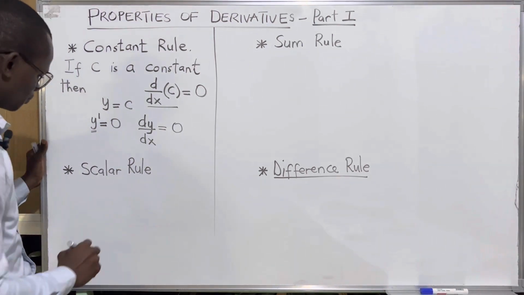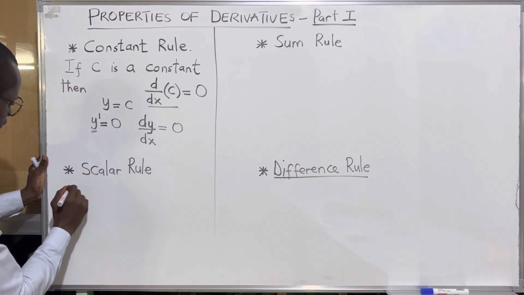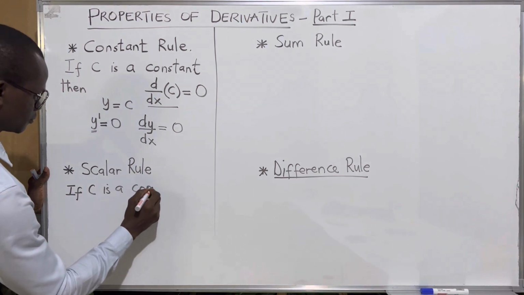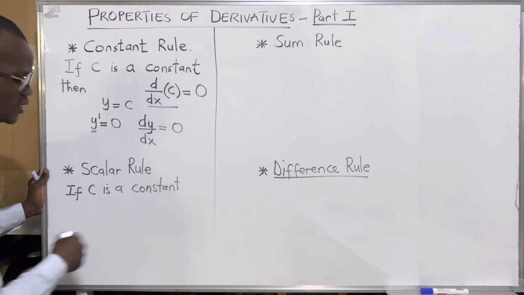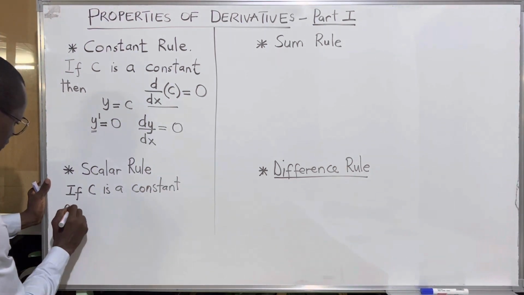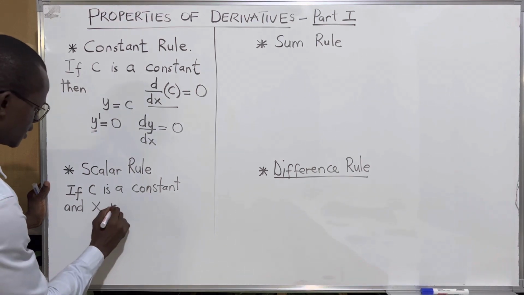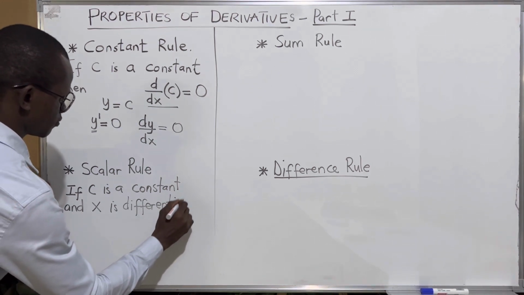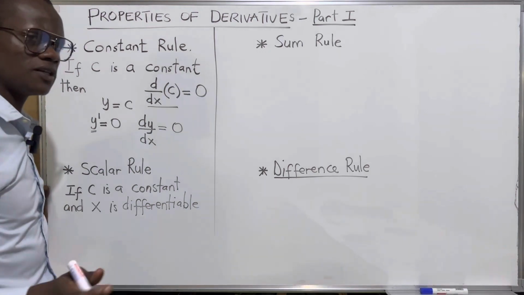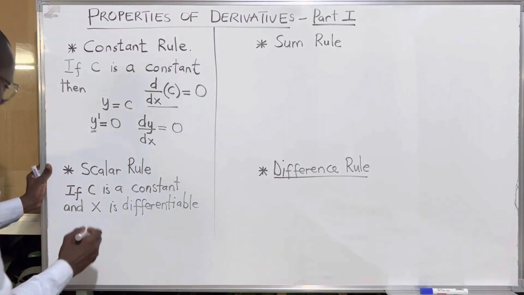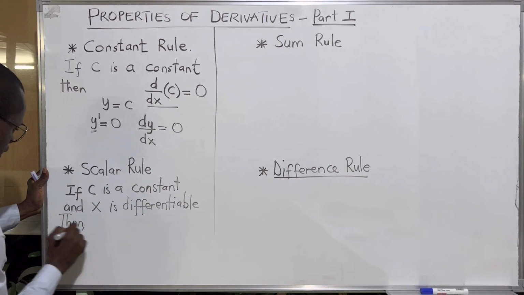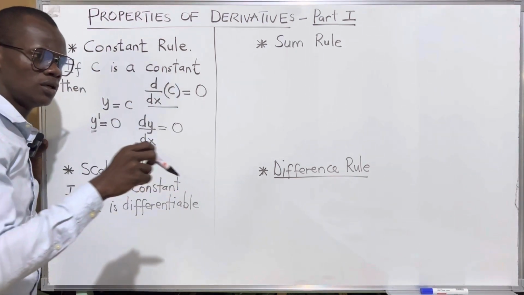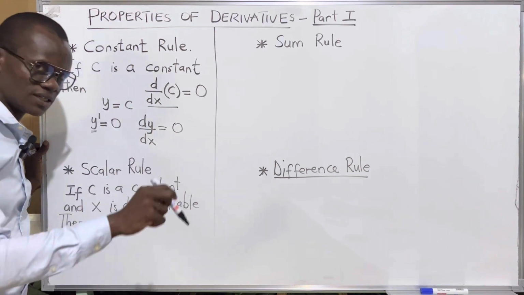Now what about the scalar rule? Now the scalar rule says if C is a constant, meaning a number, something that is not changing, and x is differentiable, meaning it's a kind of function that can be differentiated, then the derivative of the constant times a function would just be equal to the constant, right?